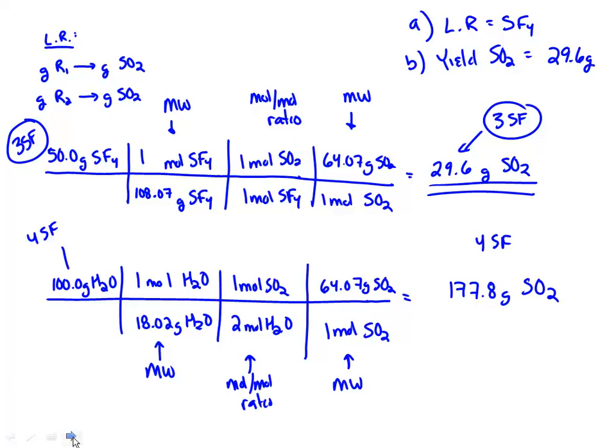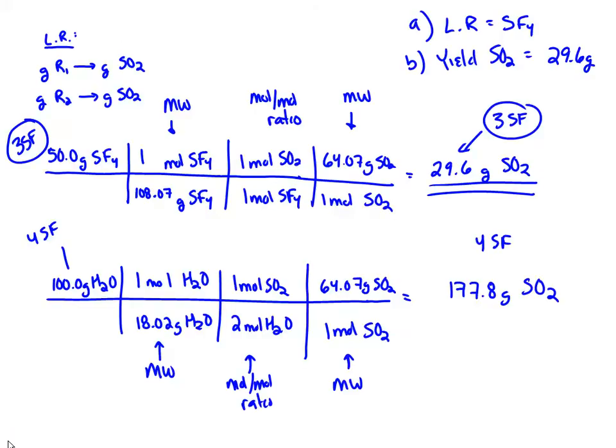And so for part C, then we know that our excess reactant is H2O. So the yield is just the amount produced. Yes, the theoretical yield is how much you make of something, so use the smaller number.